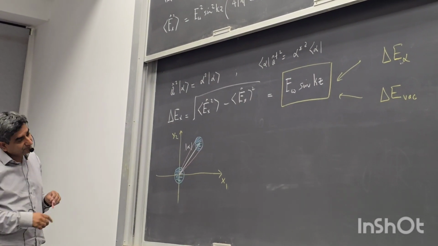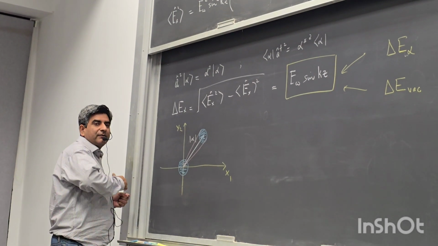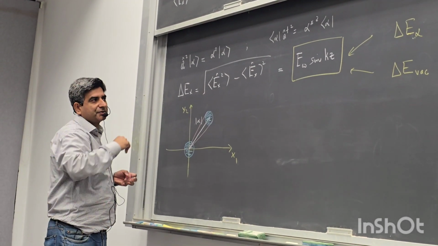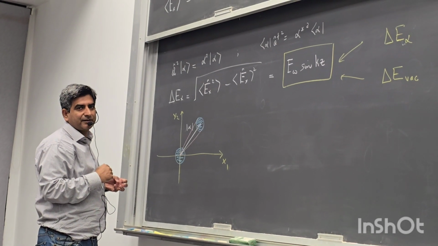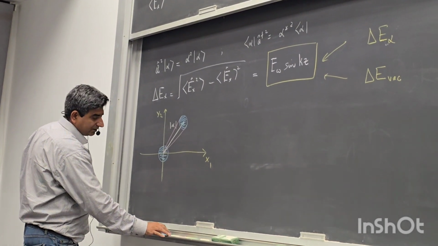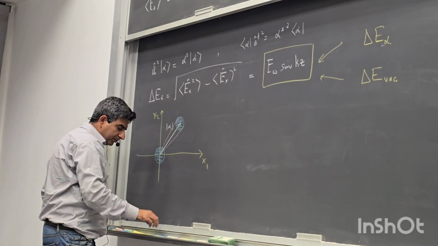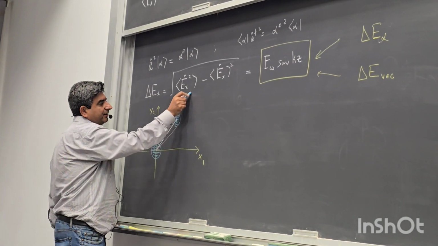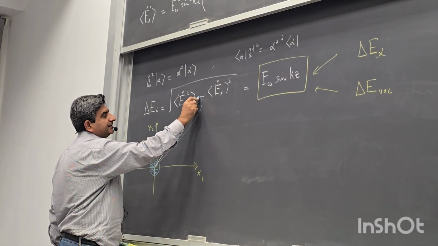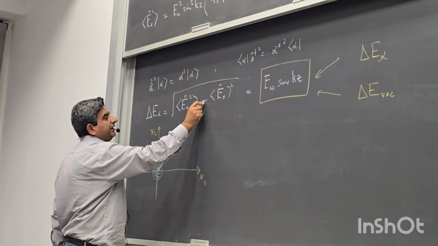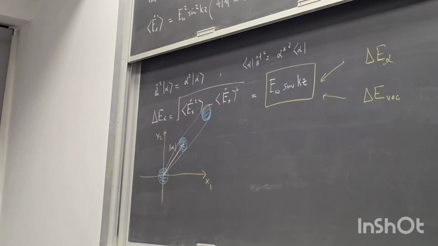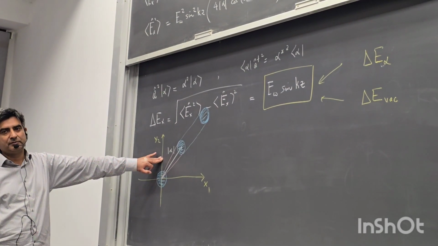So if you have a larger electric field, alpha will be larger, correct? So when alpha is large, the blob size doesn't change, only that the coherent state goes further away from the origin.